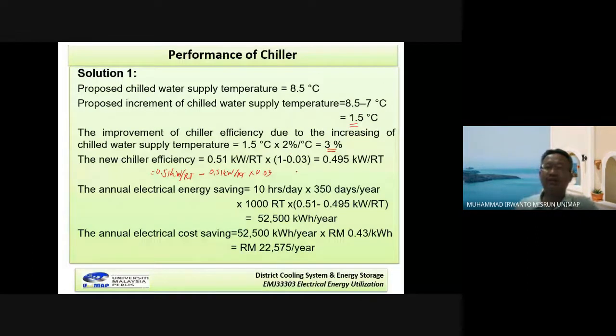Now we obtain 0.495 kilowatt per RT. This is the new chiller efficiency when we operate the chiller at around 8.5 degrees Celsius.